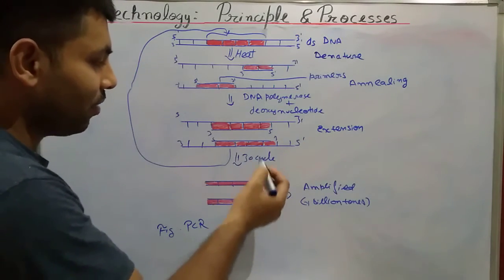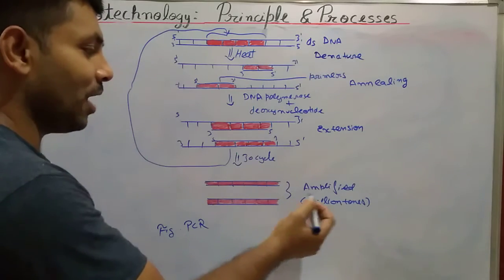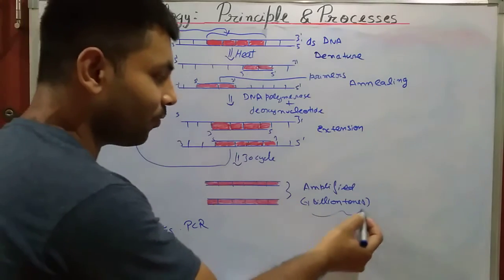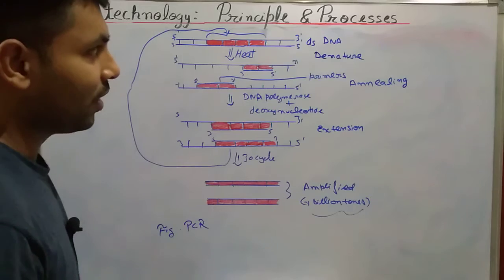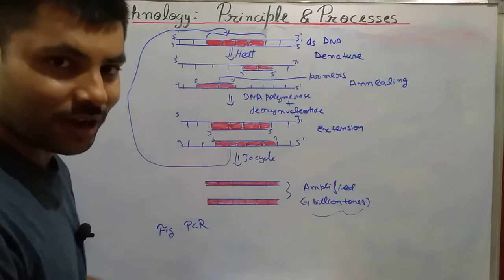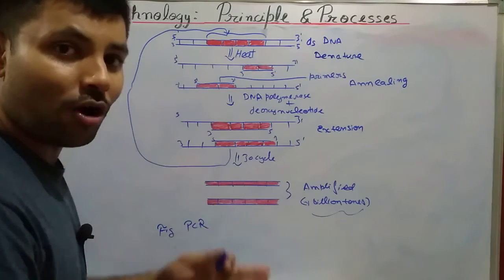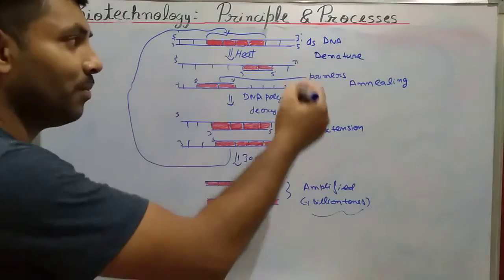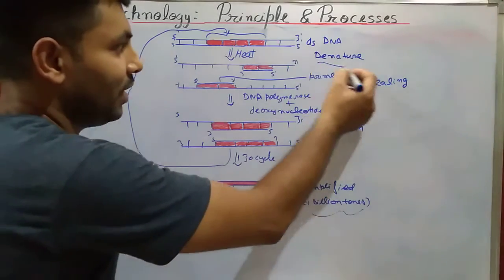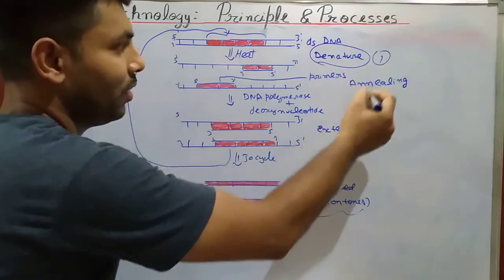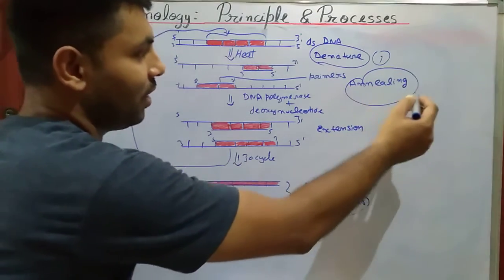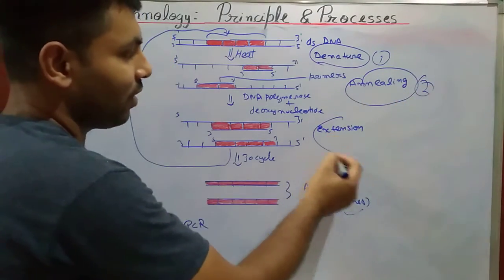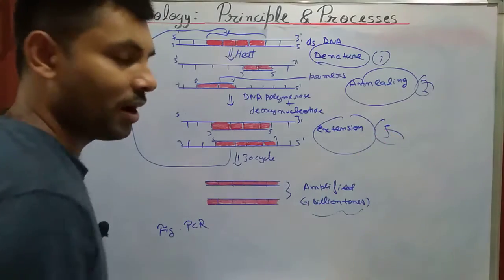By replicating through 30 cycles, after amplification they form billions of copies. It is very clear what polymerase chain reaction means: creating billions or trillions of copies in three steps: first denaturing, second annealing, and third extension. Okay, it is now clear.